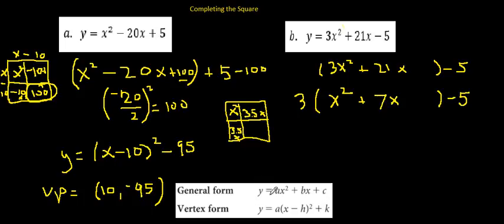So we know it's going to be x plus 3.5, and the same over here, x plus 3.5. And so we want to take 3.5 and square it, which gives us 12.25. So we want to add 12.25.